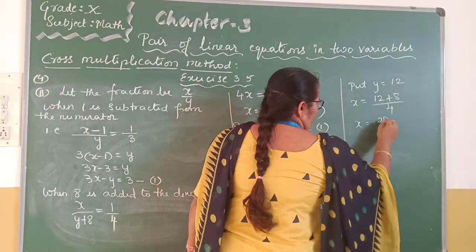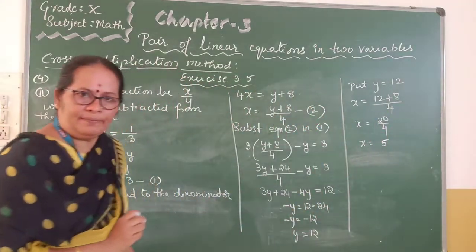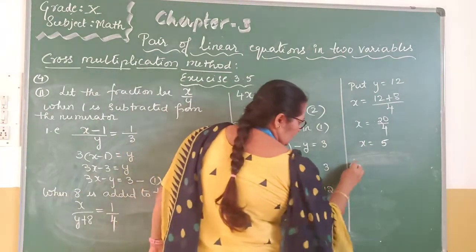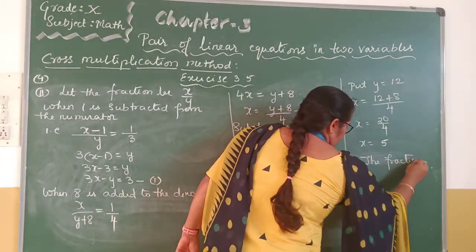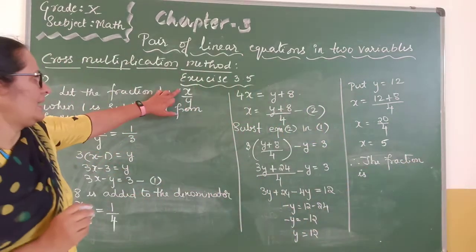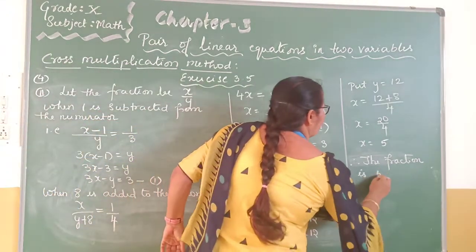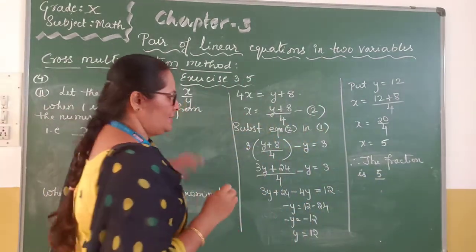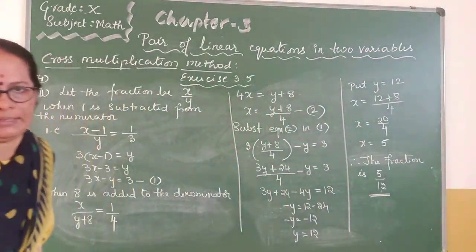So 20 by 4, which is 5. Therefore, the fraction is x by y. We have taken x by y. What is x here? 5. And what is y? 12. So the fraction is 5 by 12.